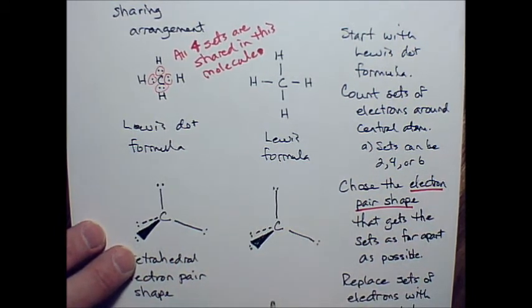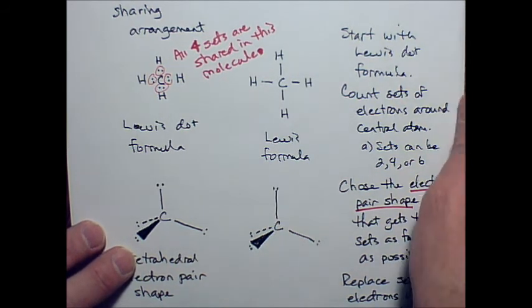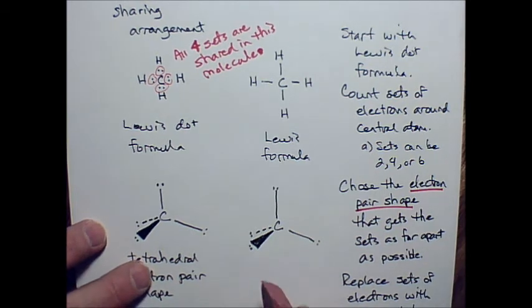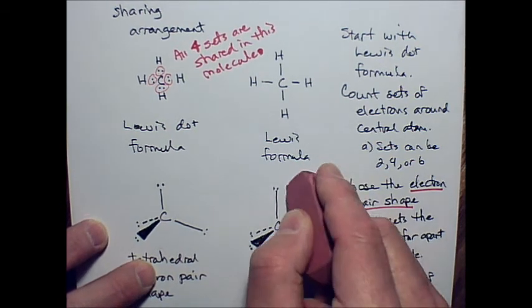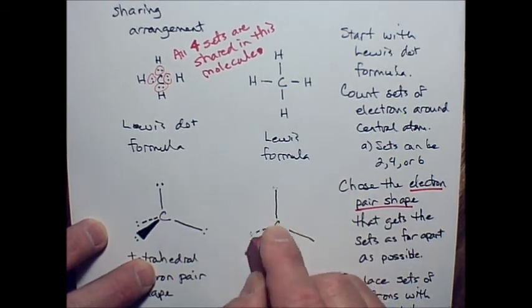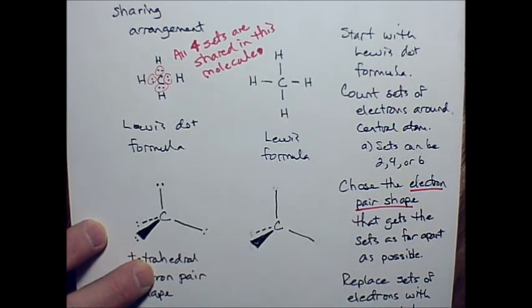Redraw exactly the same drawing. Then replace only as many sets of electrons as you need. In this case, we are going to replace all 4 of them. So I'll erase the pairs of electrons now and replace them with the hydrogens.